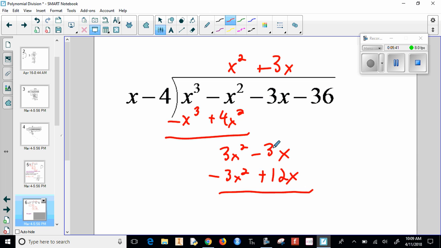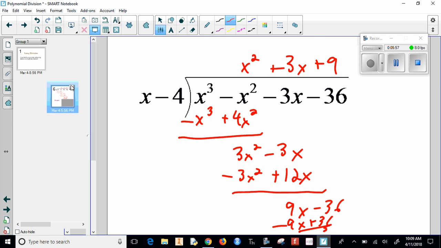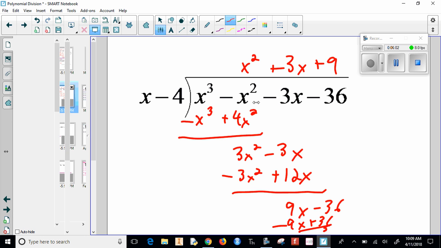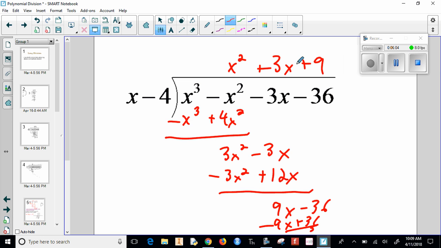So I have 9x minus 36. And that goes in 9 times 9x minus 36, and it all will cancel out. And that's all nice and good. And so I know 4 is a 0 of this polynomial here. And I don't think that factors. But we could figure out what the other two zeros are by using the quadratic formula or solving for perfect squares.